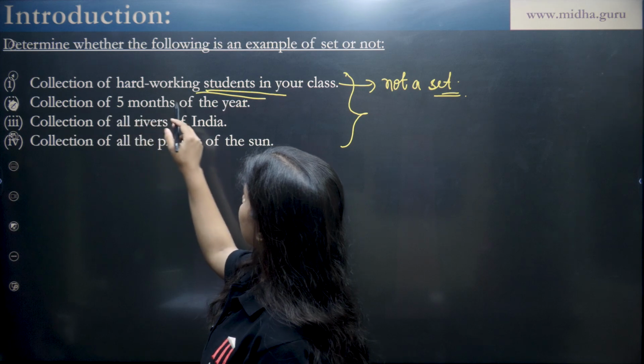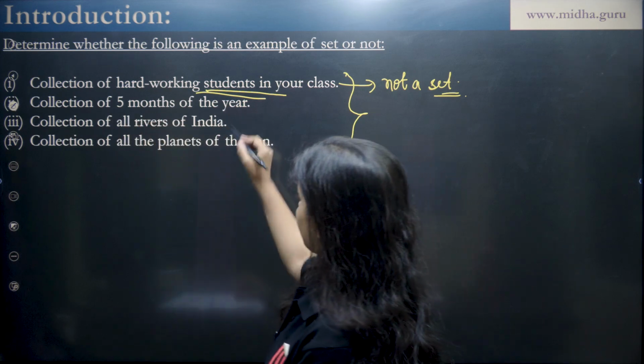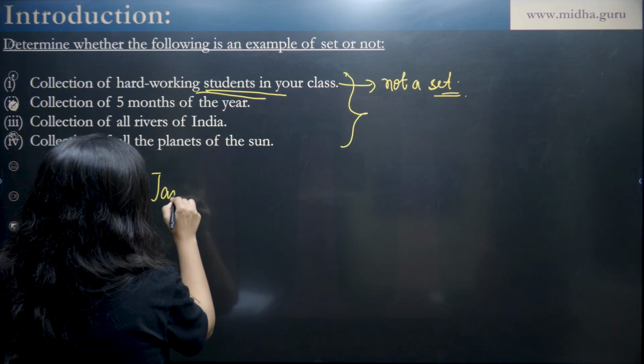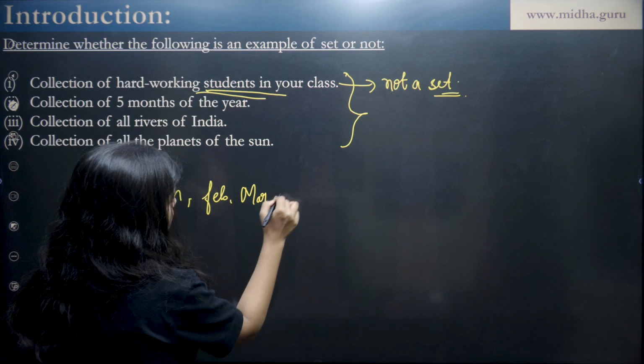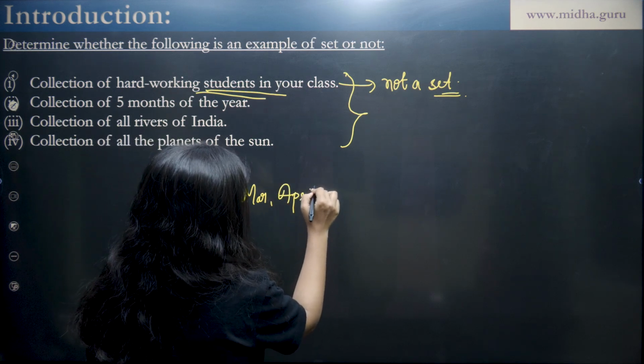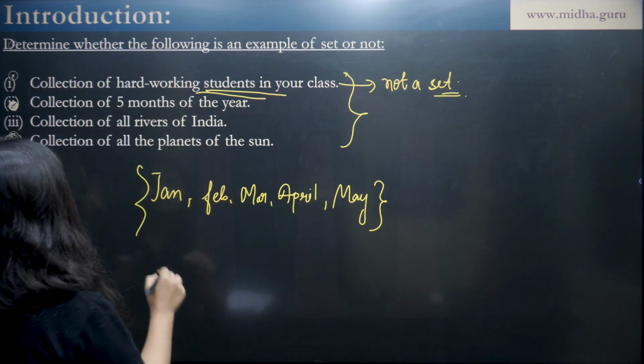Now, collection of 5 months of the year. Any 5 months of the year can be taken here. Like if we take January, February, March, April, May, this is included in this example.